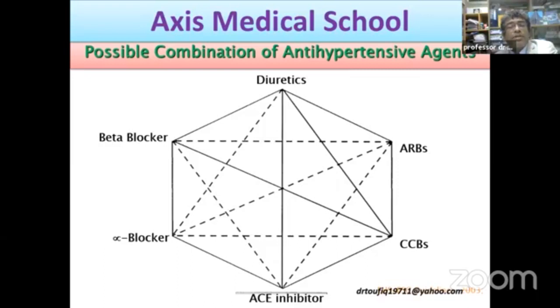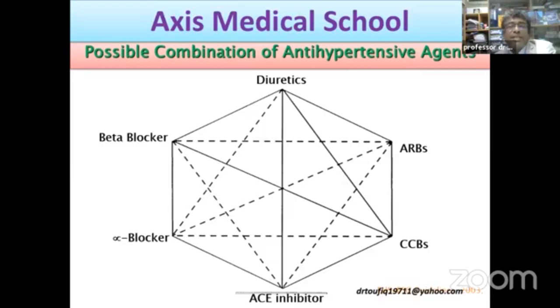Different groups act on different sites of the blood pressure controlling mechanism. If we add one drug, say a diuretic, we should give another such as a beta blocker or calcium channel blocker. We should not combine an ACE inhibitor with an ARB, because these groups act on the same site.